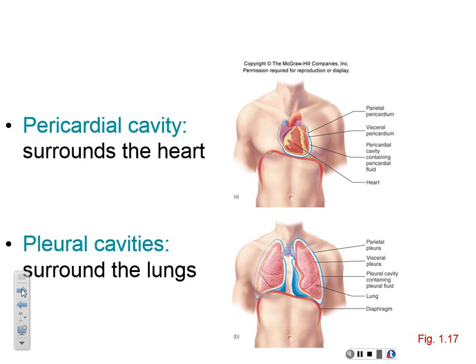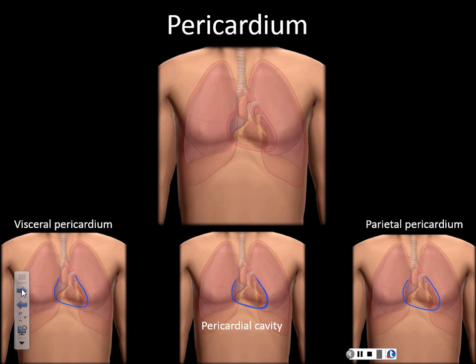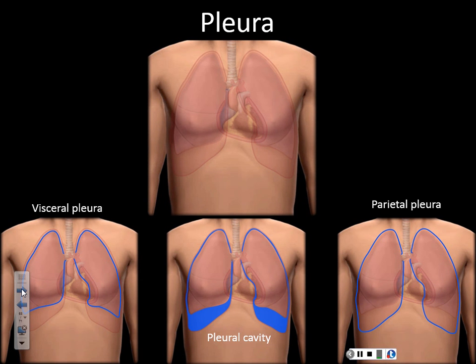And that lubricates those organs as well. And this picture is just showing you the pericardium with the visceral and parietal layers, and then the pleura, visceral and parietal as well. And the blue part has got the fluid in there.